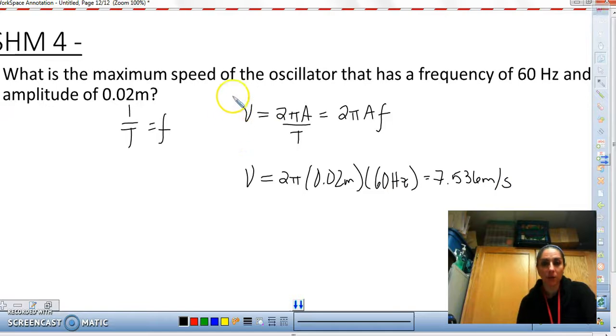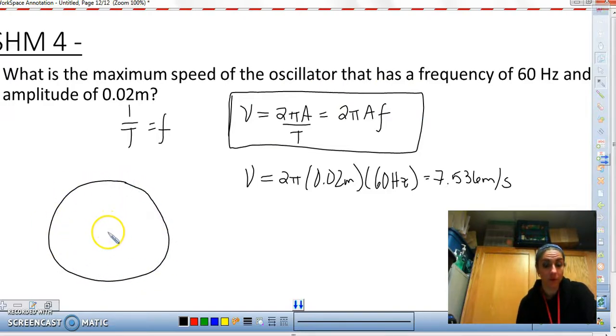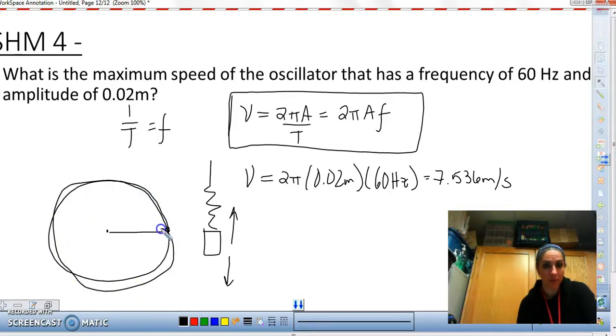So I literally just kind of threw this out there out of nowhere. But like I said, where that comes from is if we treat, in the first video, we saw that an object that oscillates up and down like this will actually trace out a circle, right? If we were to model it.